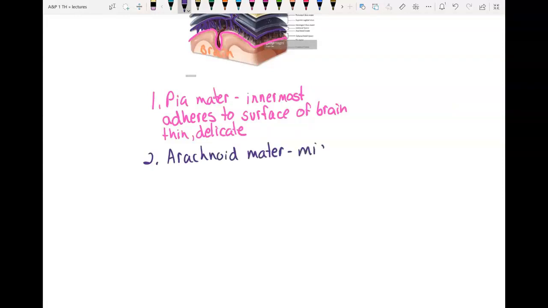This is the middle layer. The reason it's called arachnoid, think of what comes to mind with arachnoid. It means spider. All those little stilts under it kind of look like a spider web, and those are collagen fibers. So it has collagen fibers that prop it up from the pia mater.